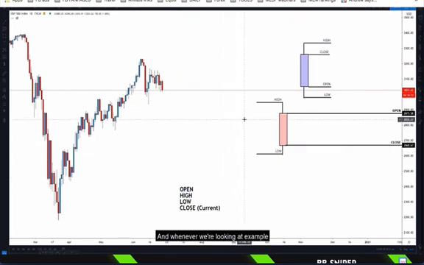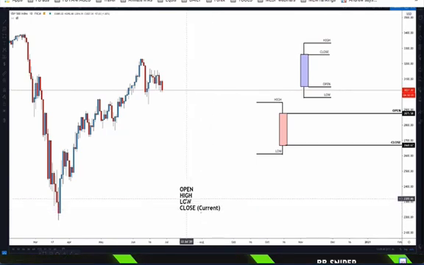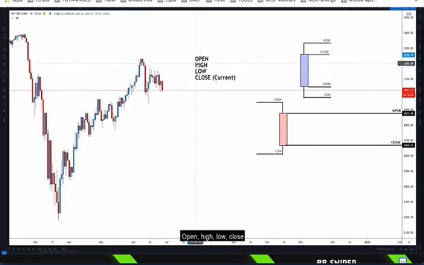And whenever we're looking at an example where price is still moving and it hasn't actually closed yet, the close will instead represent the current price. Open, high, low, close can be found very easily through TradingView if you're using that platform.